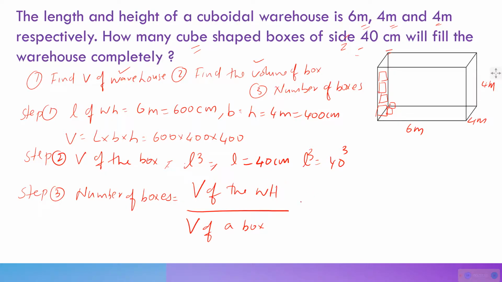We have not calculated, but we will put it here. Volume of the warehouse is nothing but 600 into 400 into 400. And that of a box is equal to 40 cube, meaning 40 into 40 into 40. Now you can solve it.